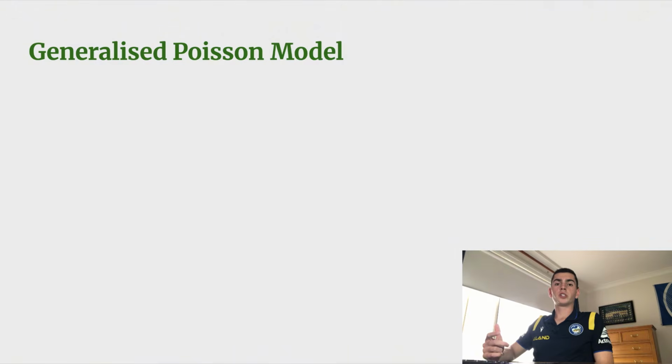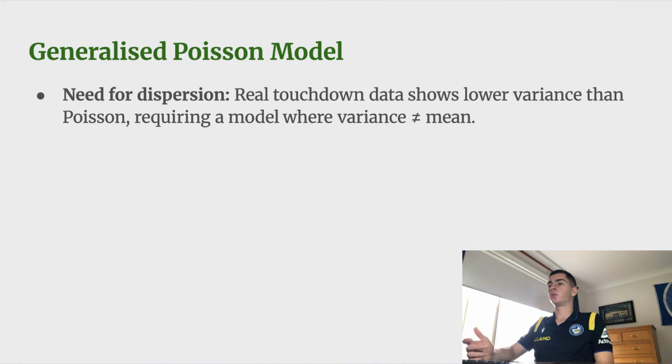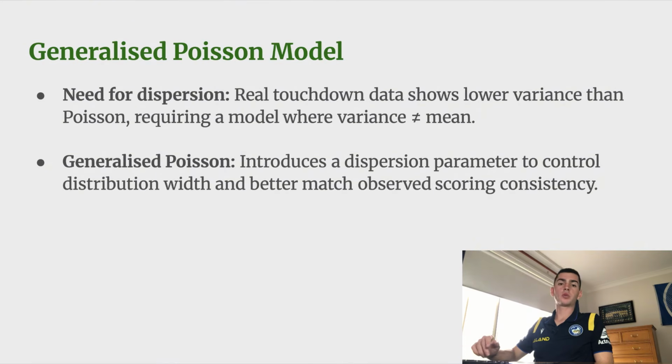So to model touchdowns appropriately, we need a distribution that allows the variance to be different from the mean, specifically a lower variance since real scoring is more consistent than the Poisson model expects. That's why in this video, I'll switch to the generalized Poisson distribution. The generalized Poisson adds an extra parameter called the dispersion parameter, which lets us adjust how wide or narrow the distribution is.